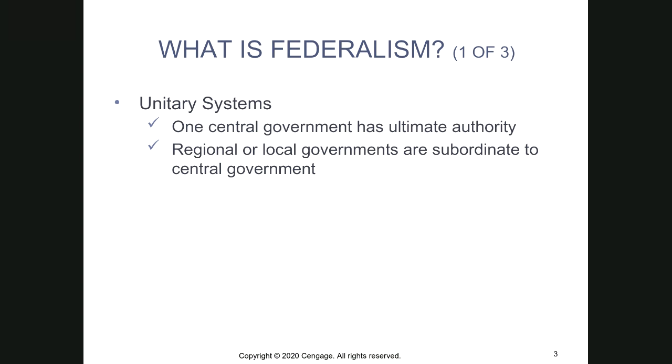That does not mean that there can't be smaller regional governments. Those regional or local governments are going to be subordinate to the central government. What that means is those regional governments, they get their power from the central government. They have no power except for that which is given to them by the federal government. So unitary system, think authoritarian form of government.